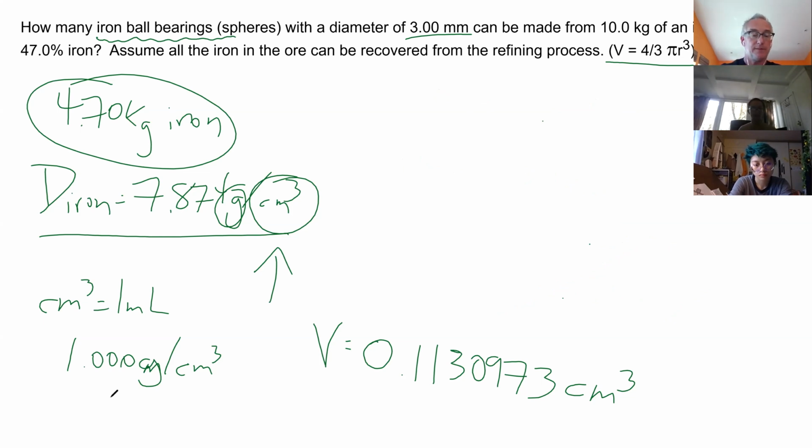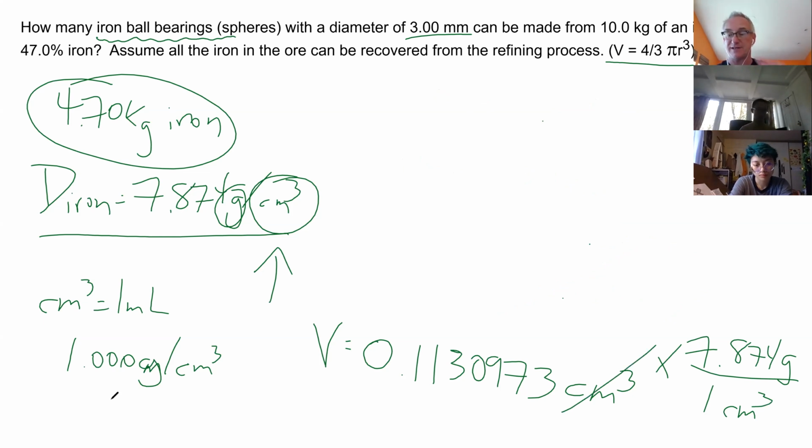So I'm going to multiply that by 7.874 grams per cubic centimeter. Now that ensures that I've got cubic centimeters as a numerator, cubic centimeters as a denominator, and I'm left with grams, which is what I want.